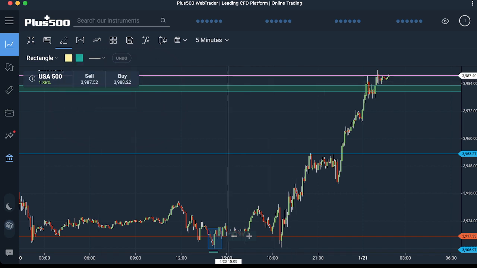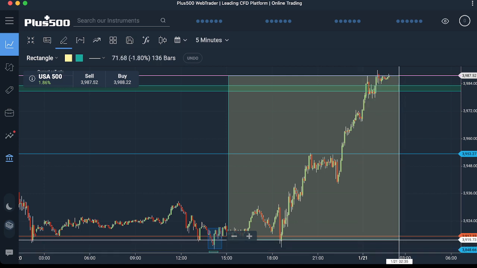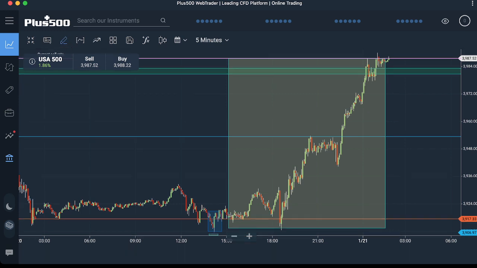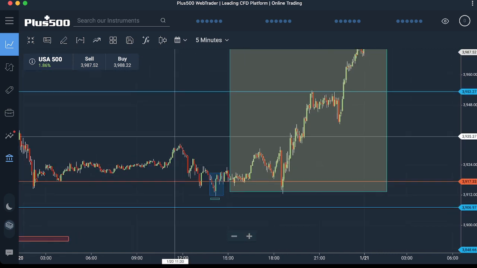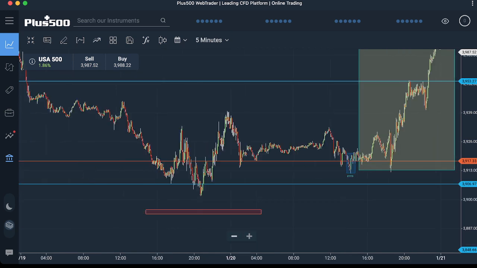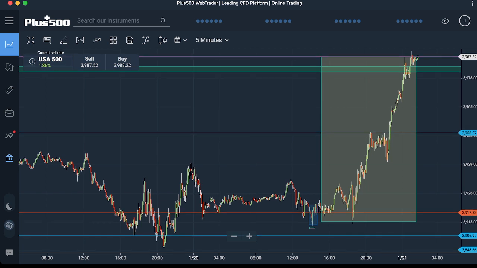You just see the price action. See how we are pushing to the upside on the 5-minute chart, and how small is our risk. Risk is just a little bit, okay? But compare it to the target profit. Amazing, isn't it?